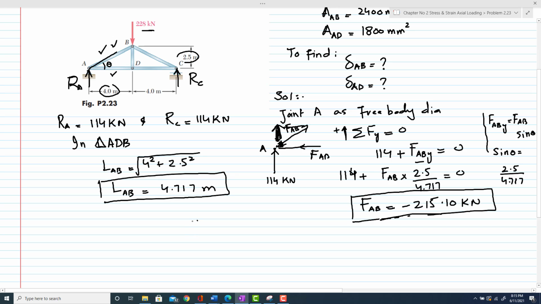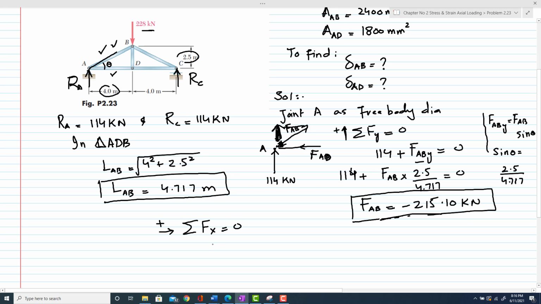Now we will apply the sum of all forces along the x direction equal to 0, taking this direction as positive. We can see that there are two forces acting. One is FAD, and the second is the horizontal component of FAB.